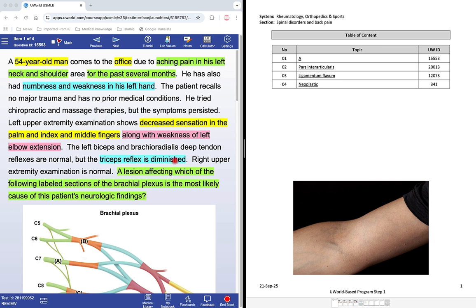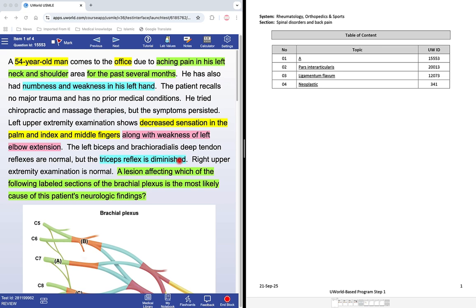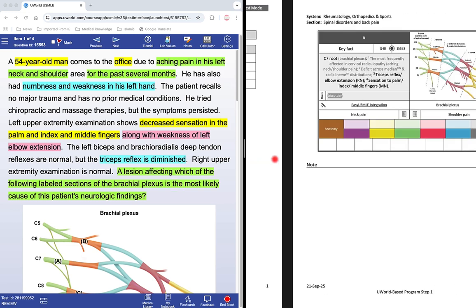Triceps reflex is diminished. The question is, a lesion affecting which of the following labeled sections of the brachial plexus is the most likely cause of this patient's neurological findings?